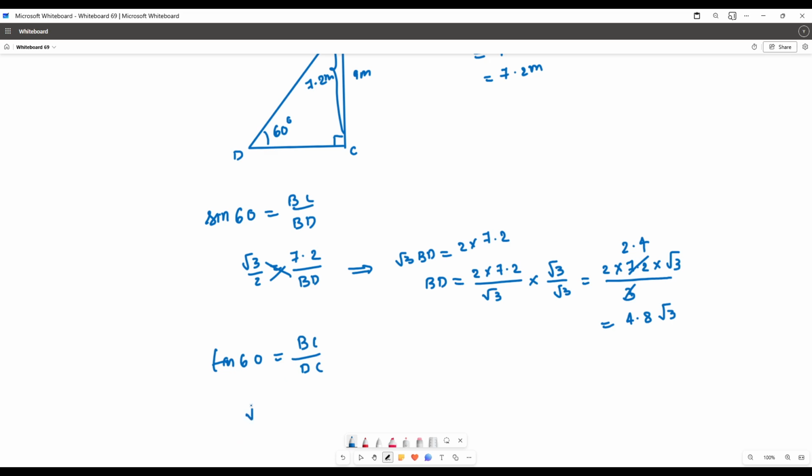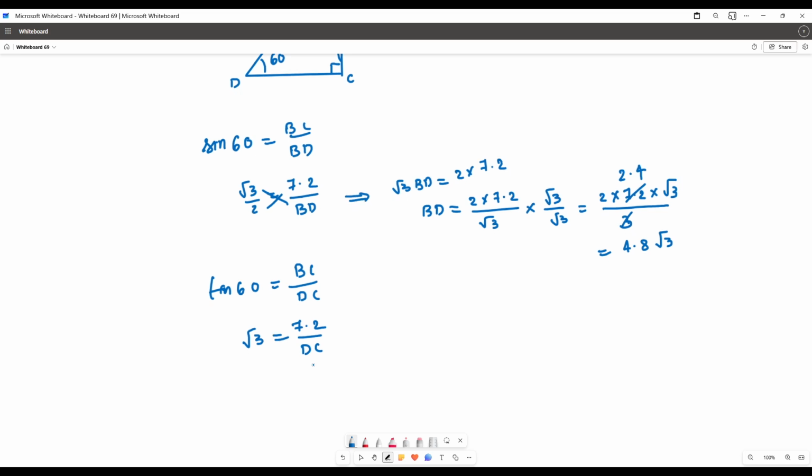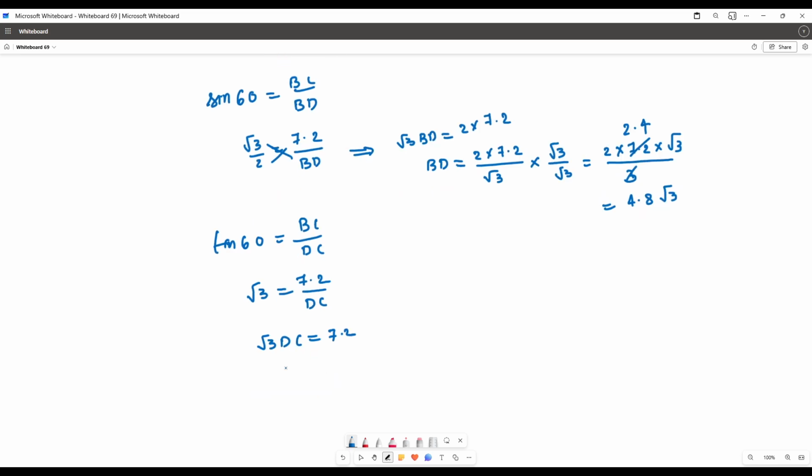Tan 60 is root 3 and BC is 7.2, and we need to find the length of DC. If I cross multiply, I would get DC into root 3 equal to 7.2. And if I bring the root 3 to the right hand side, I would get DC equal to 7.2 by root 3.